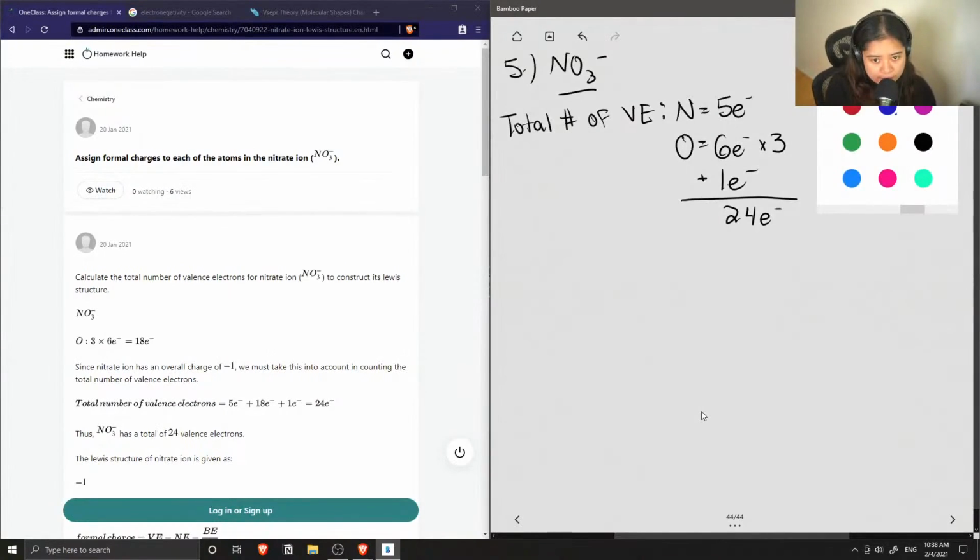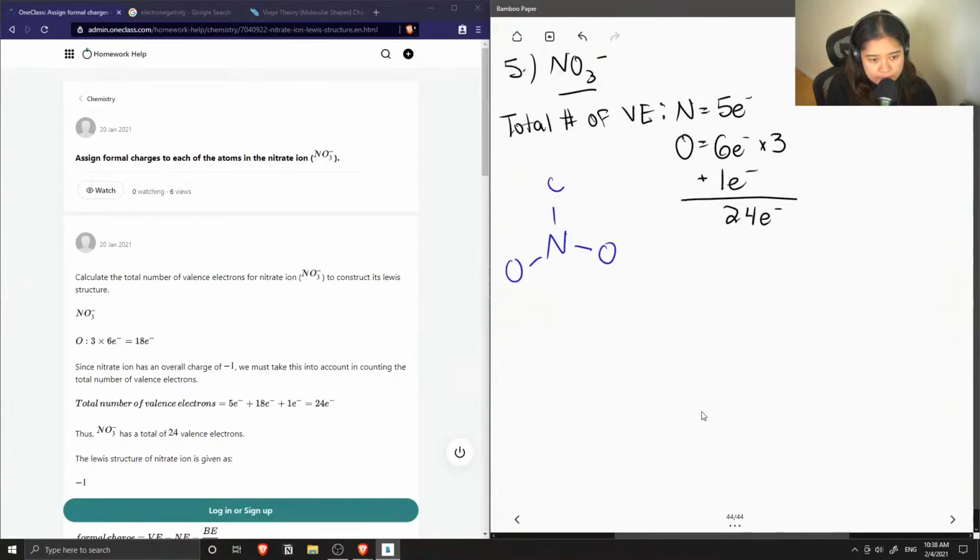So now let's draw a skeletal structure where we have our nitrogen with a single bond to all of our oxygens. If we were to draw in all of the lone pairs, then our 24 electrons would be fulfilled.